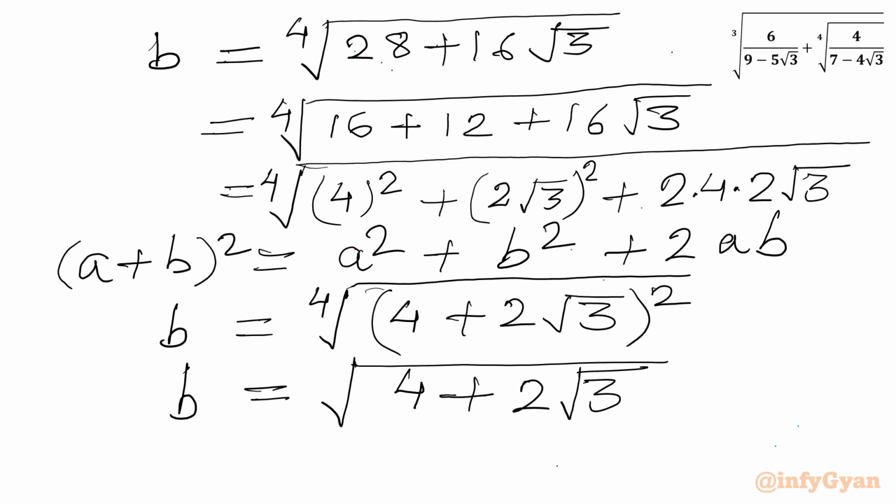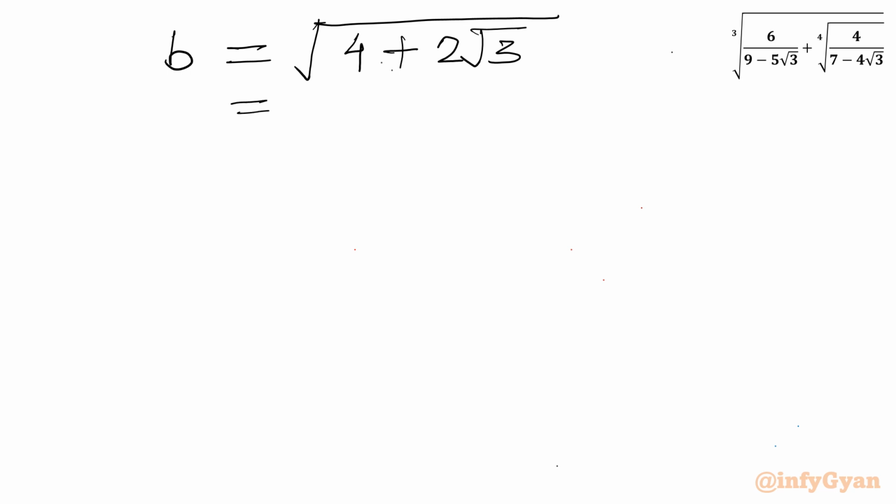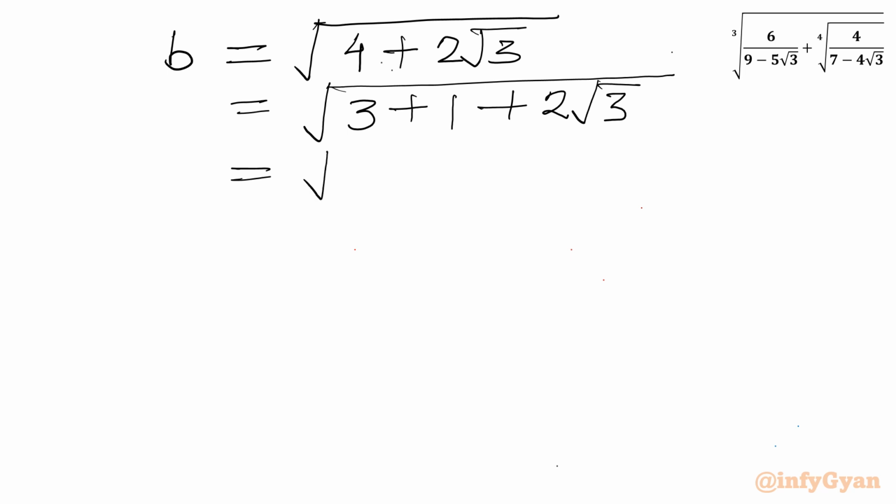Now we will find out this square root also. So let us find out B equal to square root 4 plus 2 square root 3. I can split 4 as 3 plus 1, and then we can write it is 2 square root 3. Now 3 can be written as root 3 whole square. 1 can be written as 1 whole square.